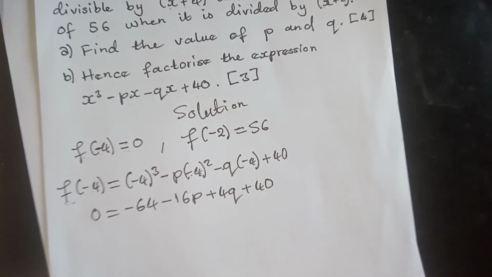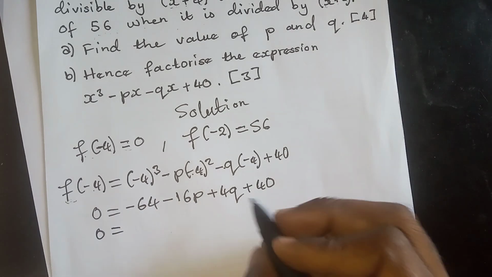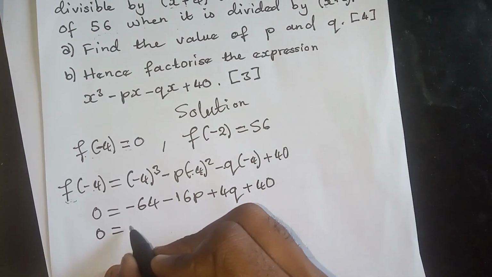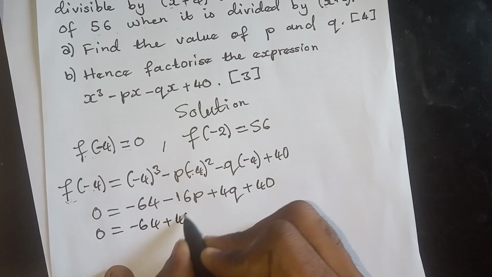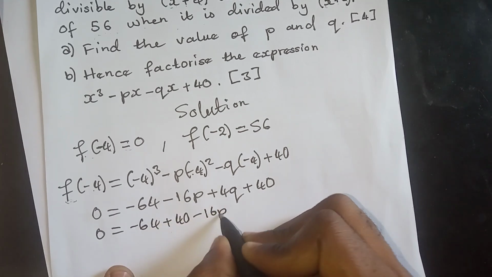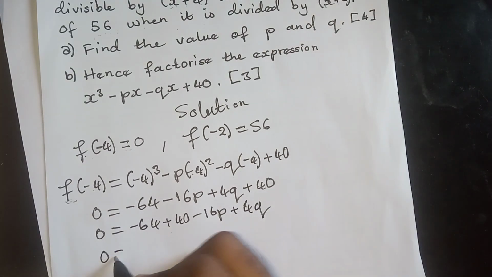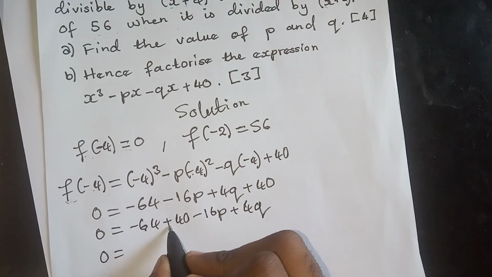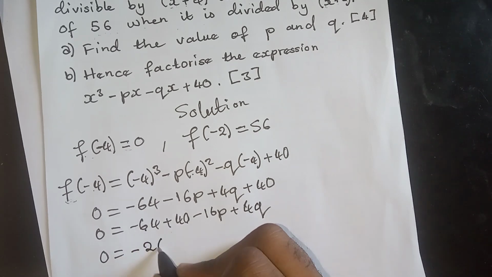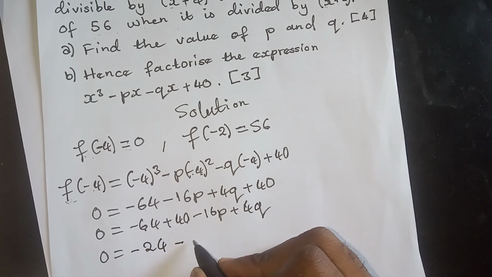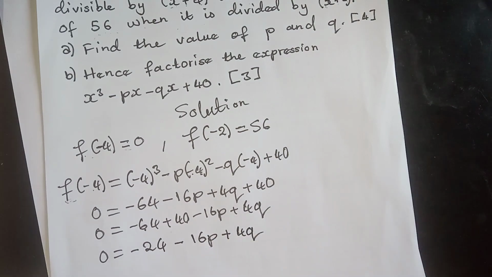And then we can simplify this to get the first equation. So putting the like terms together, negative 64 plus 40, minus 16p plus 4q. So now negative 64 plus 40, this one will be negative 24, minus 16p plus 4q.